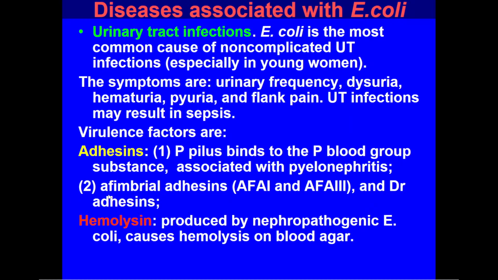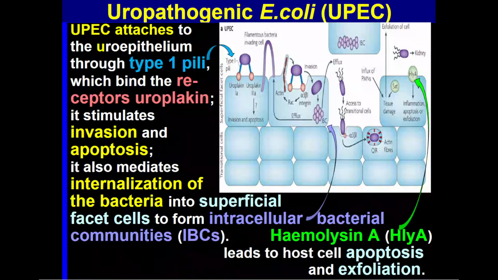Then they also have afimbrial adhesins, molecules that allow them to bind tightly to epithelial cells, and they usually can cause hemolysis. So this is the pathogenesis, my dears. Now I will show some pictures that explain the pathogenesis of Escherichia infections.